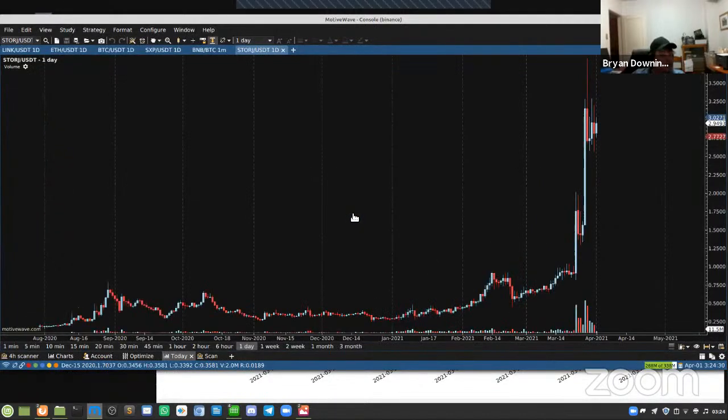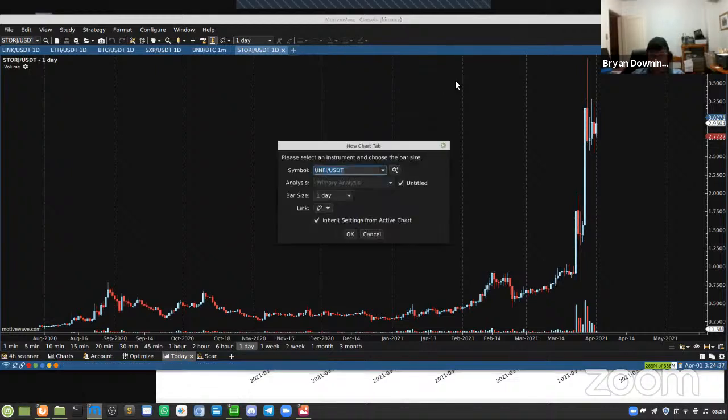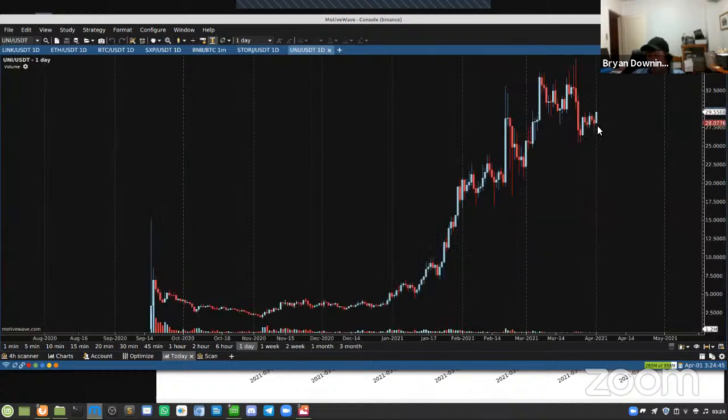So this one, we are looking at 75% out of 8 positions. Uniswap USDT. What do we got? So that was a down day. Okay, so that's the 31st yesterday. And that's today so far.